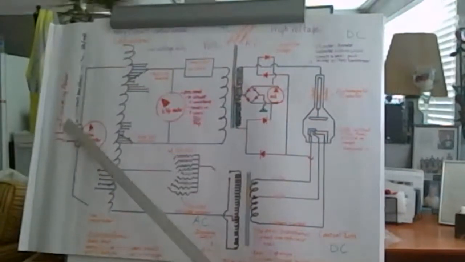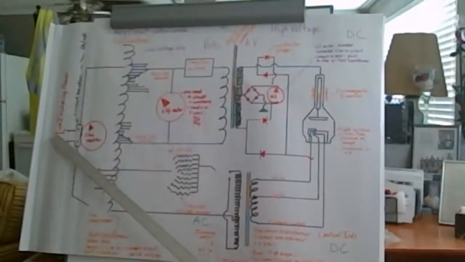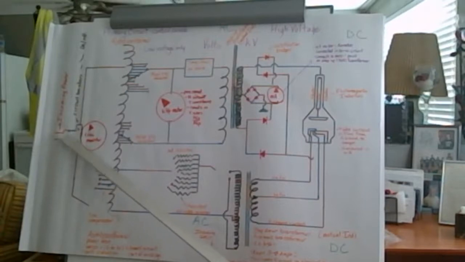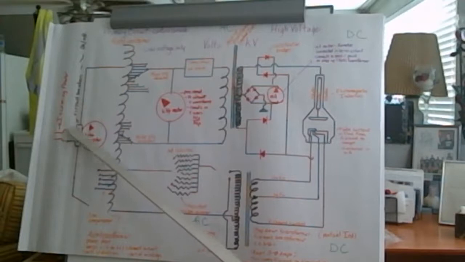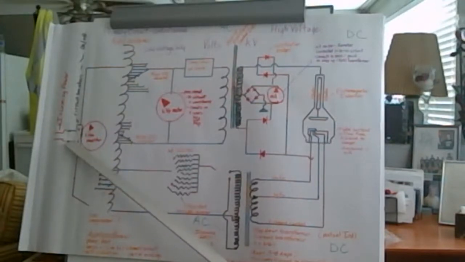So anyways, if you start over here on the far side, this is where we have our incoming power from the wall. The first thing that the incoming power interacts with is the circuit breakers on our control panel.